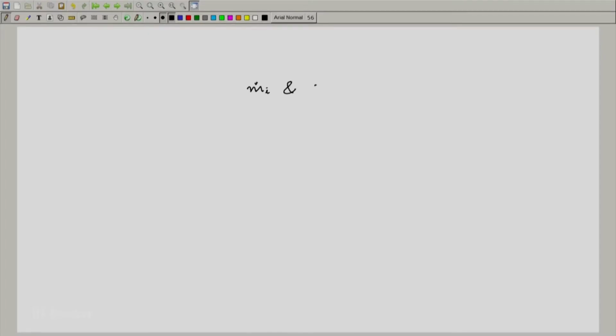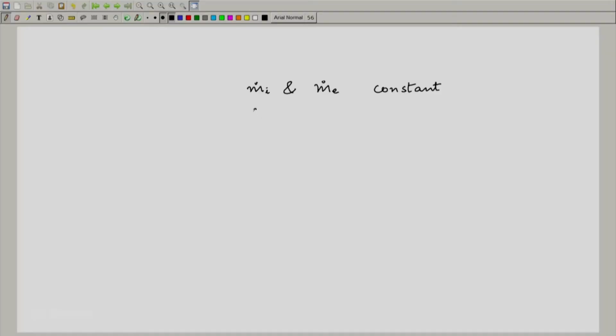That means I can write that m dot I and m dot E are constant. Similarly, we can also write that the heat transfer rate is not just a constant over delta T, but over the whole length of the process. Similarly, W dot S is constant over the whole length of the process, and we write this as following.